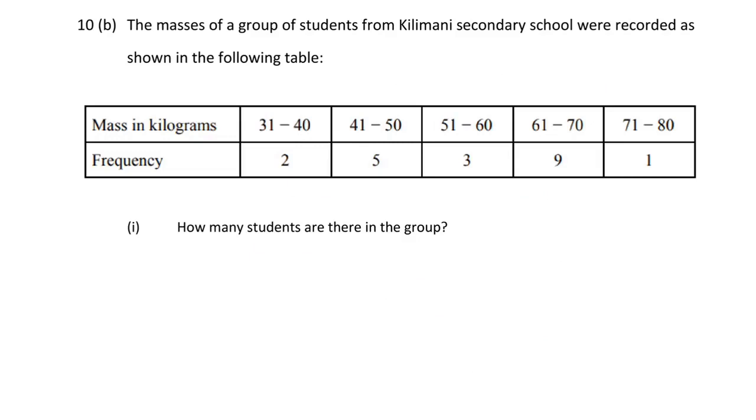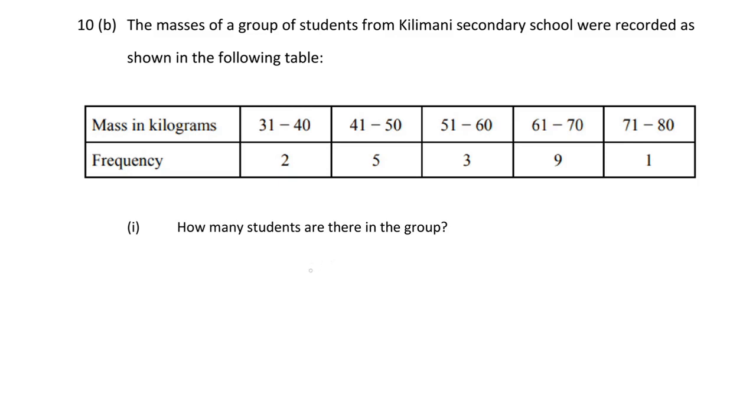Part B of the question, the masses of a group of students from Kilimani Secondary School were recorded as shown in the table below. So we've been given several information there. For Roman 1, we are supposed to find how many students are there in the group. For this one, we are going to take the sum of the frequencies in the table.